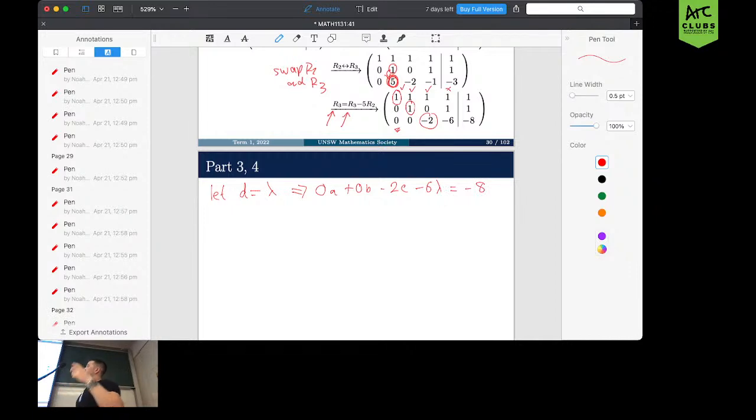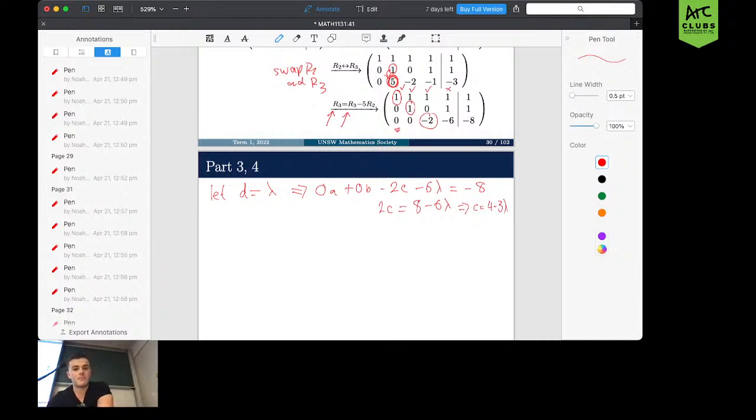Let's solve for c and not for lambda. So if we solve for c, what do we get? So we get 2c is equal to, so take that to the other side, we get 8 minus 6 lambda, which means that c is equal to 4 minus 3 lambda. Okay, great.